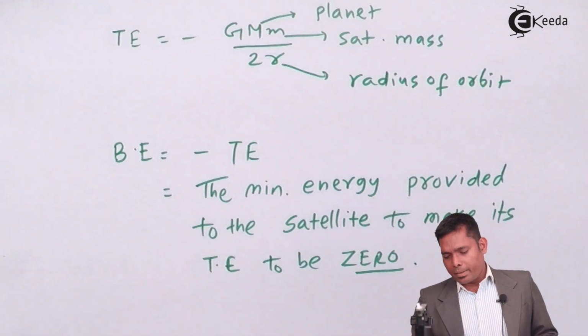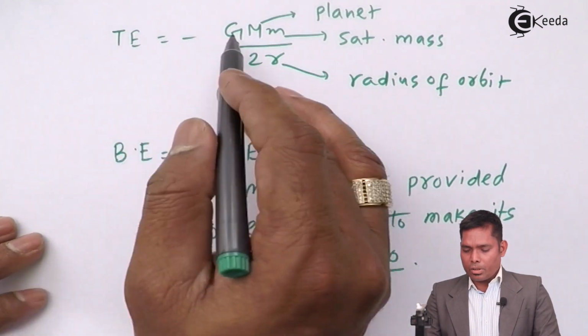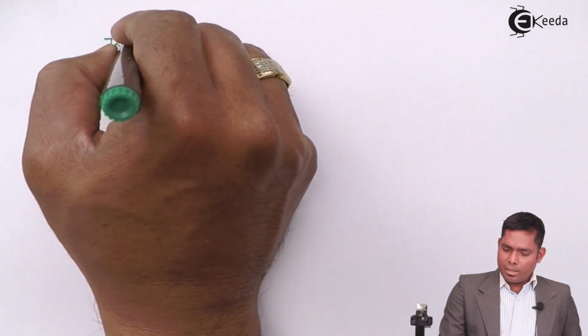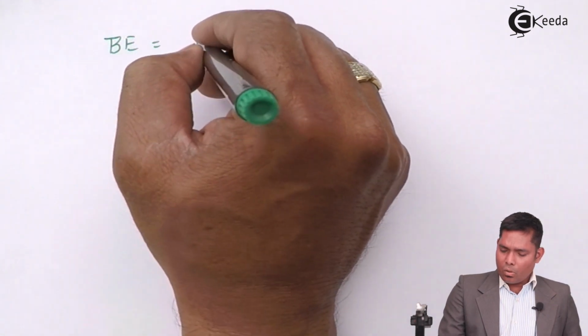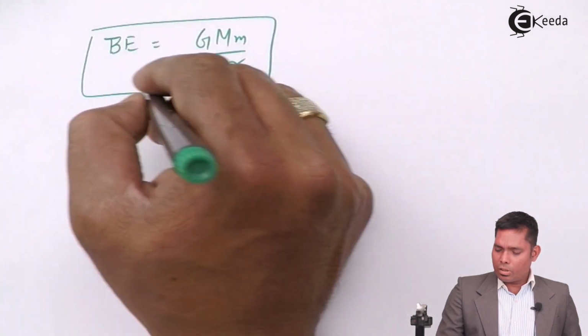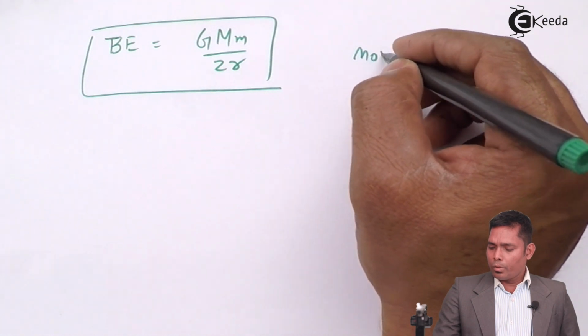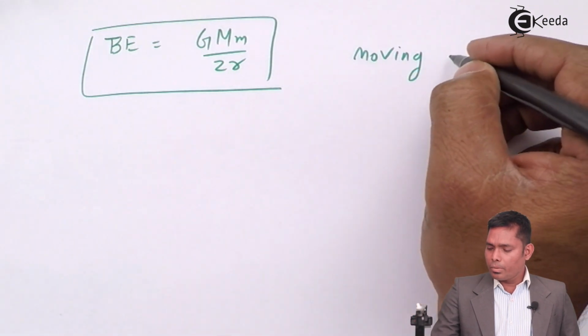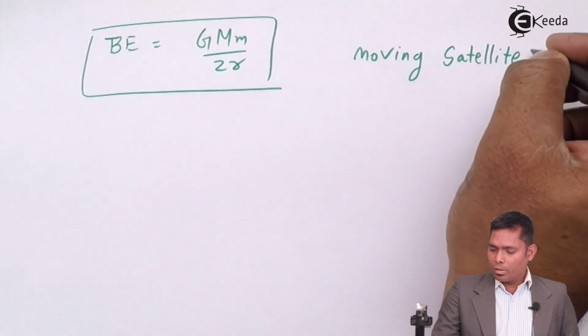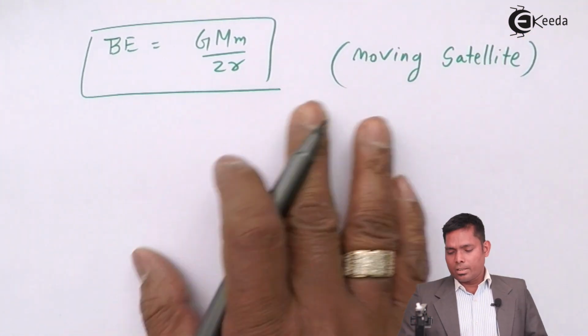That energy is called binding energy. It is the negative of the total energy, so the binding energy is plus G M m over 2R. This is the formula for this situation, for a moving satellite or object in motion.